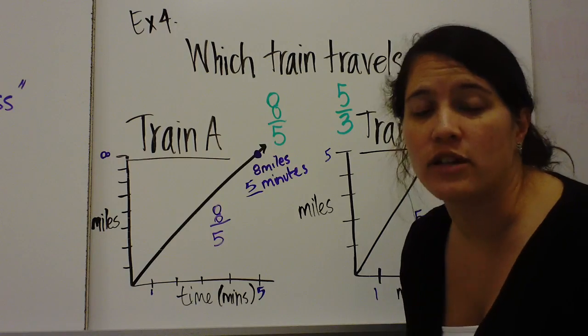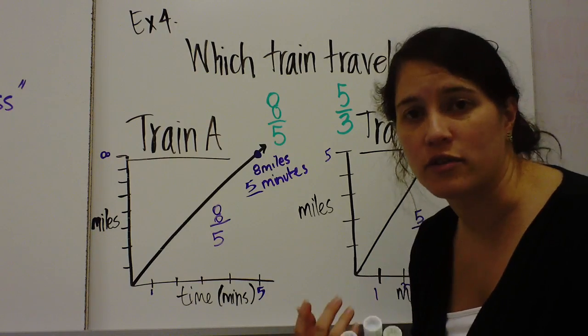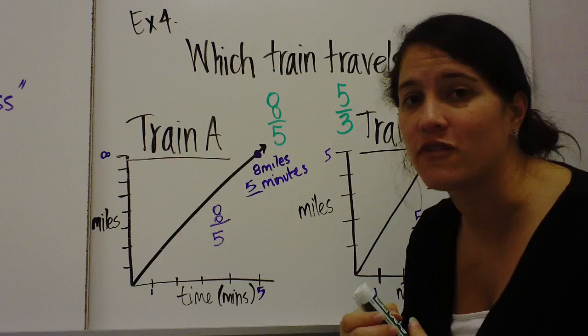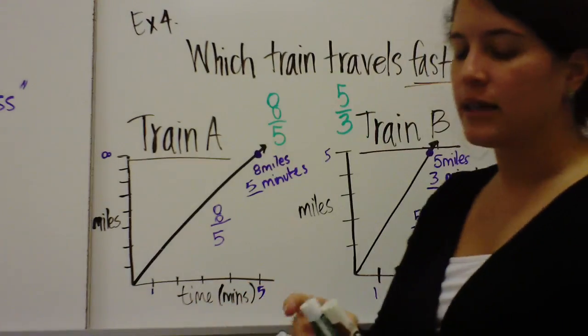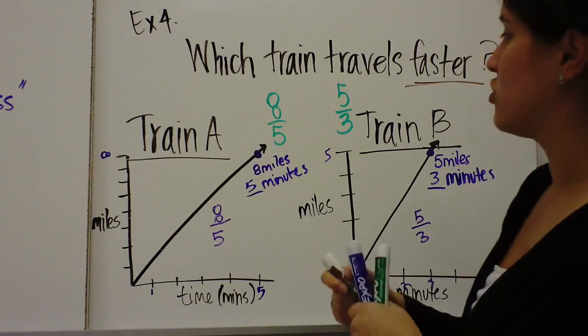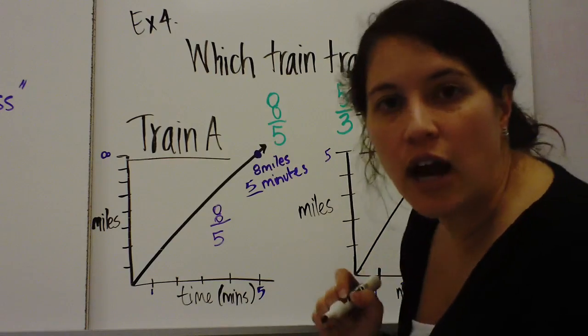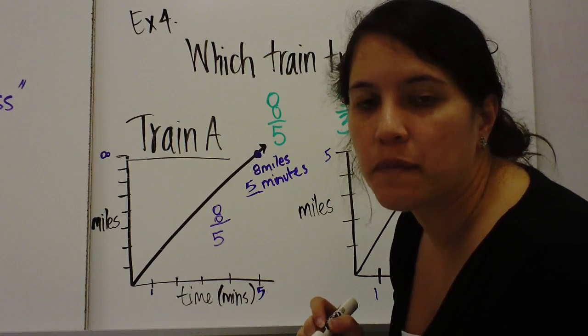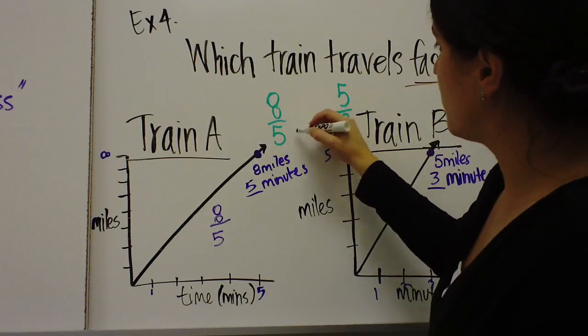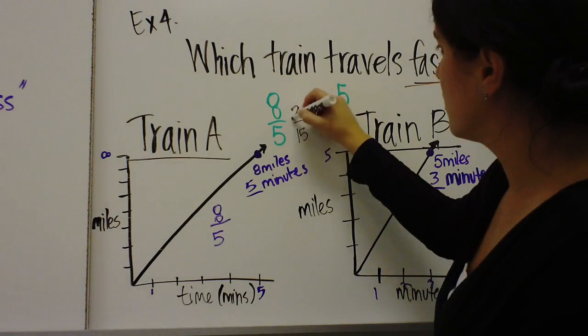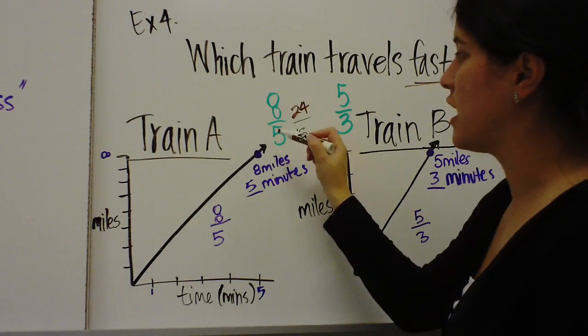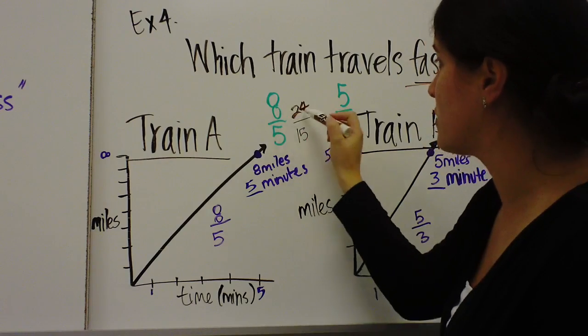There's a couple of different ways you could do this. You could get equivalent ratios by finding a common denominator, or you could divide. I'm going to show you both ways. If we wanted to find equivalent ratios, 5 and 3, what's a common denominator between 5 and 3? 15. So this would be 15. 24 out of 15. 5 times 3 is 15. 8 times 3.